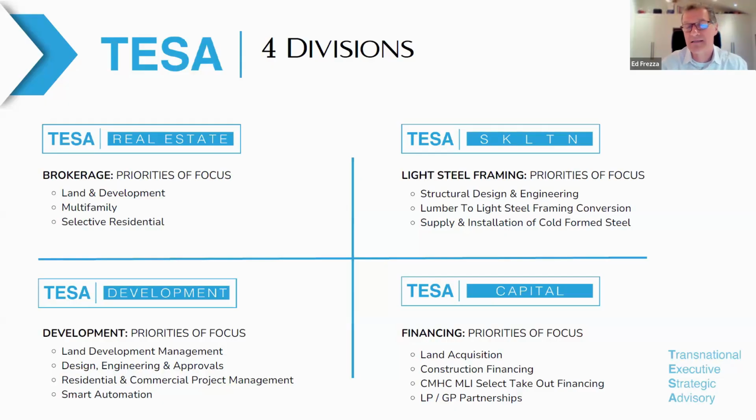And last but not least, as I mentioned, we have something called TESA skeleton. And this is basically in response to the fact that as we build more and more units in an apartment building, you can appreciate that the risk for potential fire is greater. You have more people in a building, fire prevention becomes even more important than, say, a single family home.